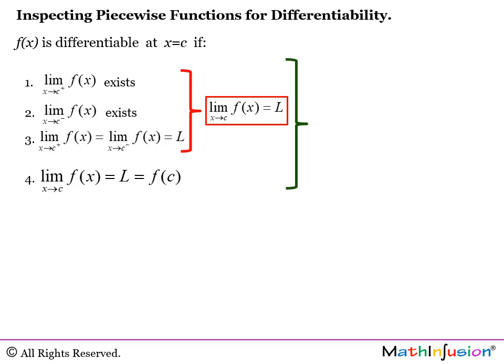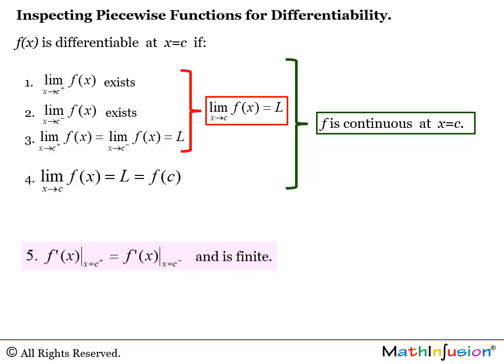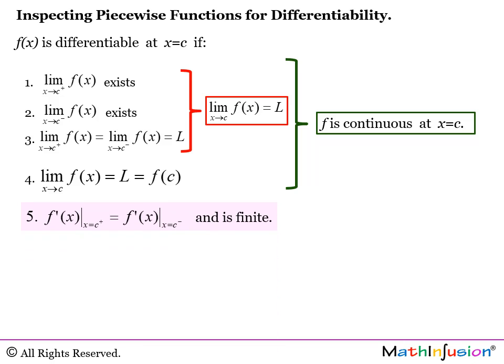Steps 1, 2, 3, 4, to recall, imply that the function is continuous at x equals c. Now we have to add step 5. We have to show that the derivatives from the left and from the right at x equals c are the same, and also we need to show that this derivative is finite.